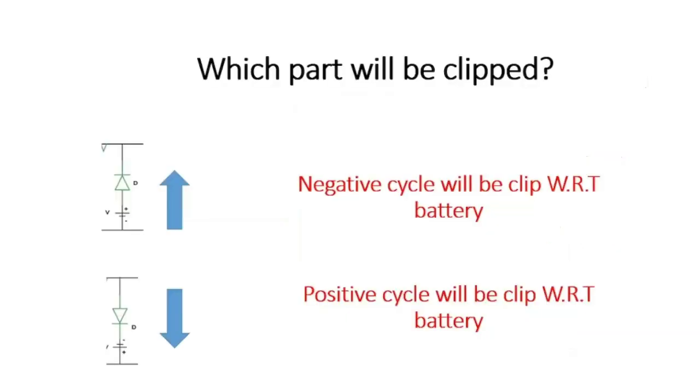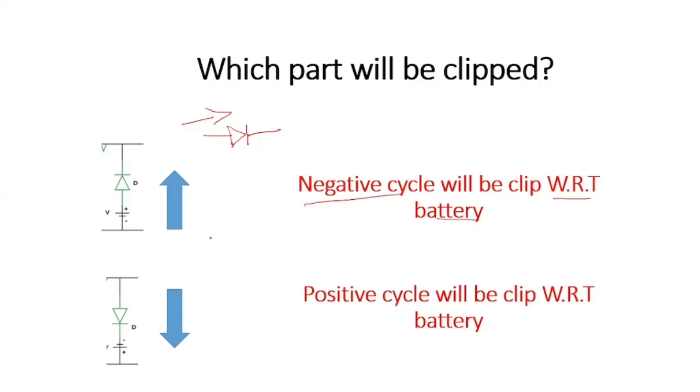Before going to the example, we will see which part will be clipped. To find out which part will be clipped, we have to see the arrow of the diode. If the arrow of the diode is going to the upward side, or to the right hand side, we can say that the negative part will be clipped, but it is with respect to the reference voltage.